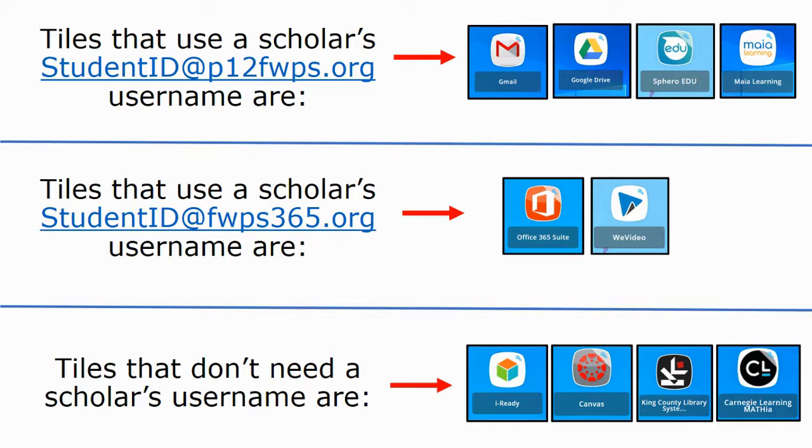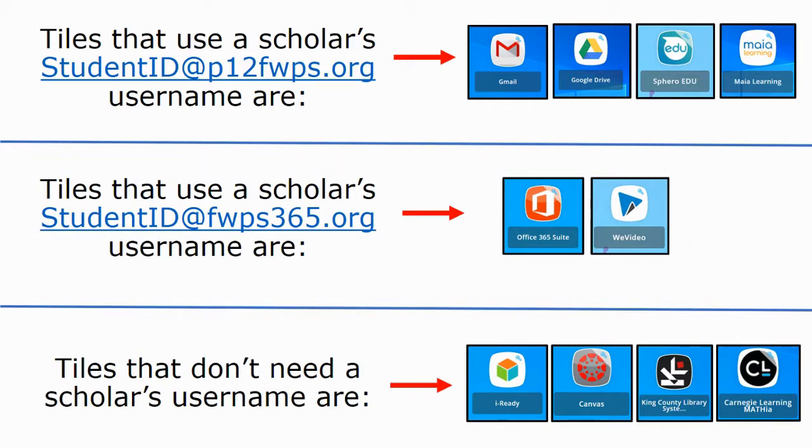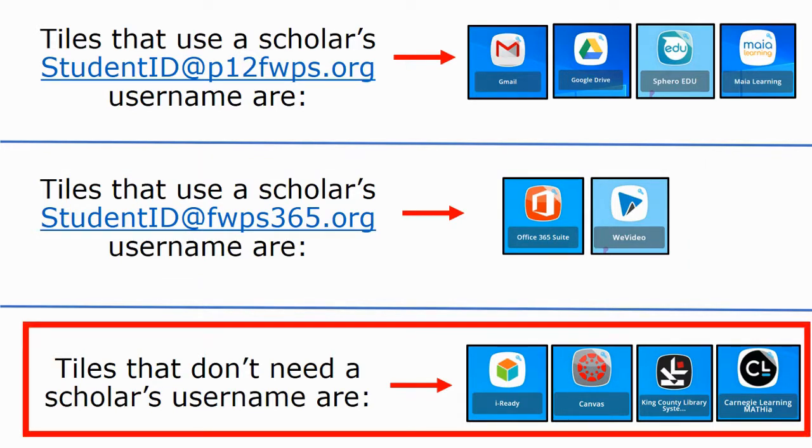Scholars would use their at fwps365.org email to sign into tiles such as Microsoft Office 365 and WeVideo. Finally, look at some of the tiles that don't need a Scholar username at all: iReady, Canvas, the King County Library System, and Carnegie Learning Mathia.